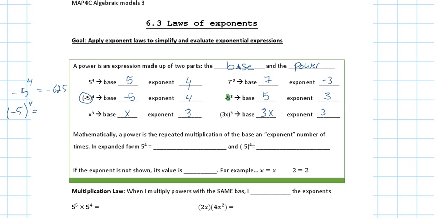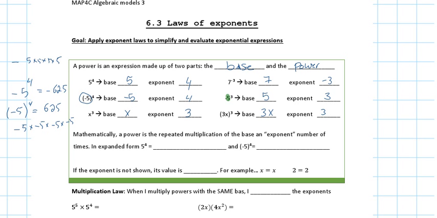Because this is basically negative 5 times negative 5 times negative 5 times negative 5. So negative, negative, negative, negative gives me positive. So that's going to be 625. In the first case, I only have one negative, and I have 5 times 5 times 5 times 5. And that's why it's ending up being negative.